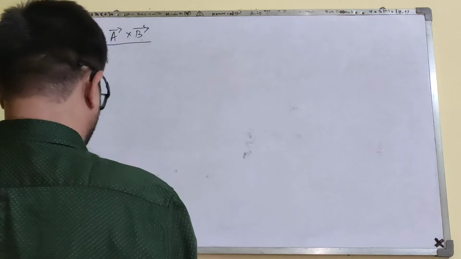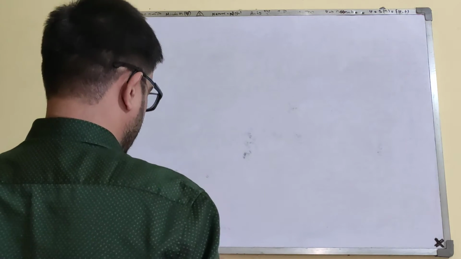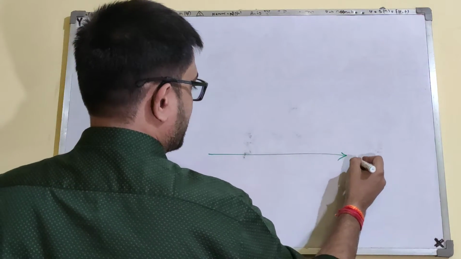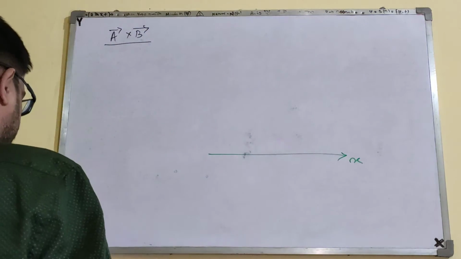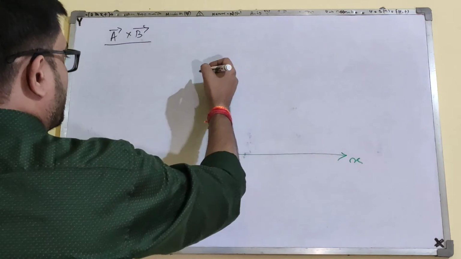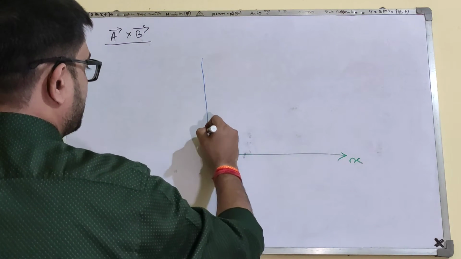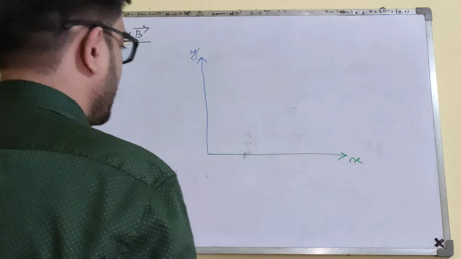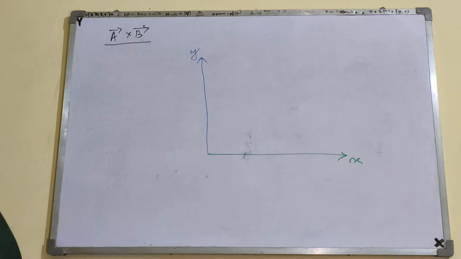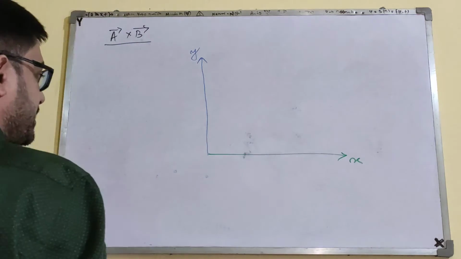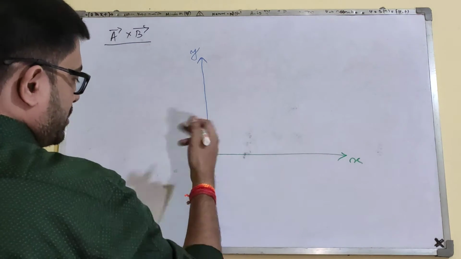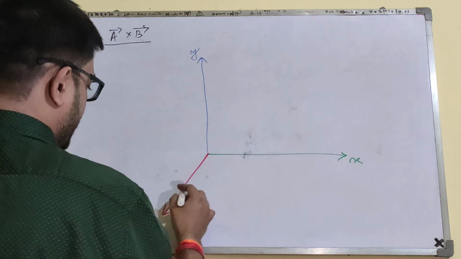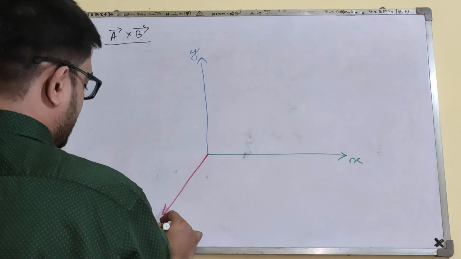so if I write the x-axis like this, this is my x-axis, and this is my y-axis. So I have two axes now. Definitely the z-axis would be in this direction, out of the board, but I'll just show it on this board like this, slightly tilted, and that is z.